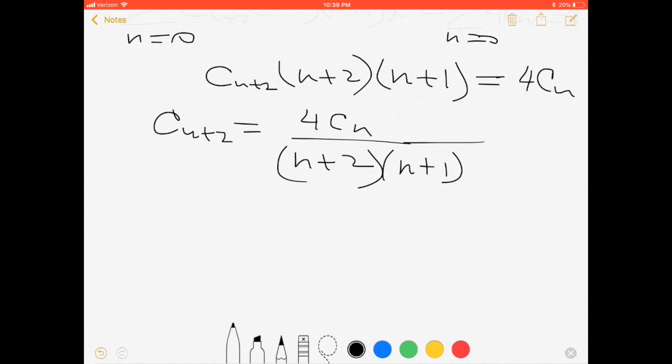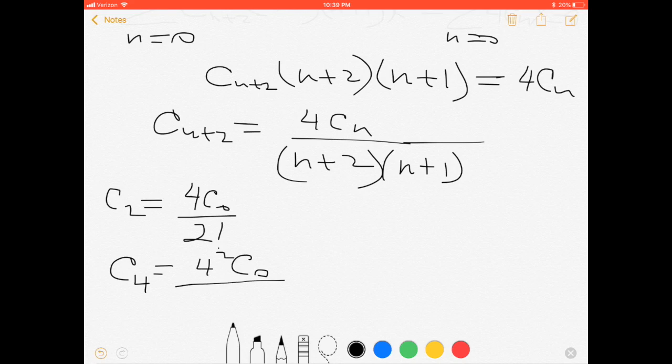If we try to write all even ones, c second will be 4c0 over 2 factorial. C fourth will be 4 squared c0 over 4 factorial and continue. As we did before, C3 equals 4c1 over 3 factorial.